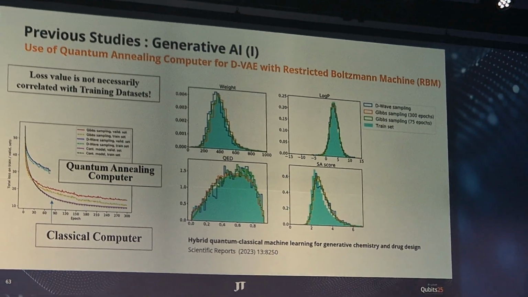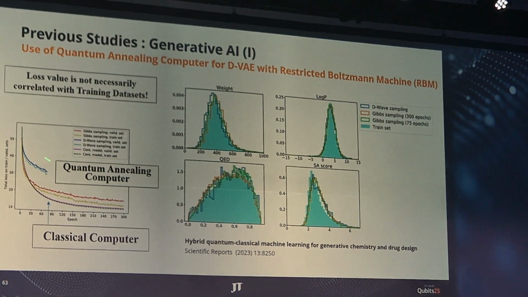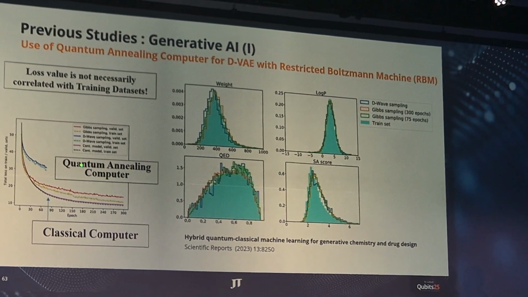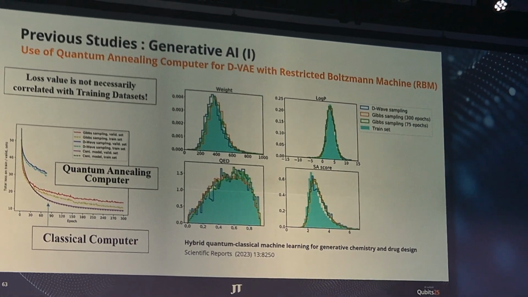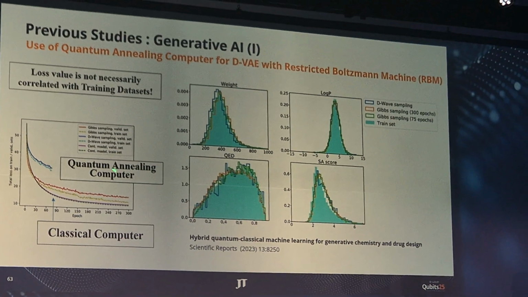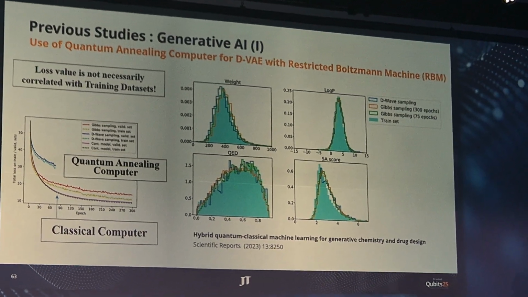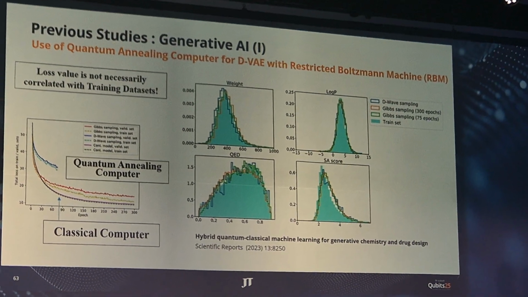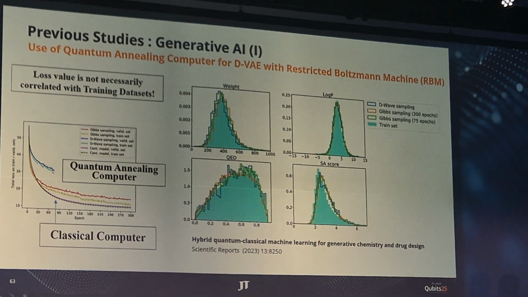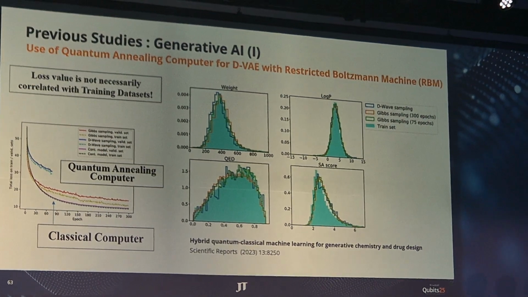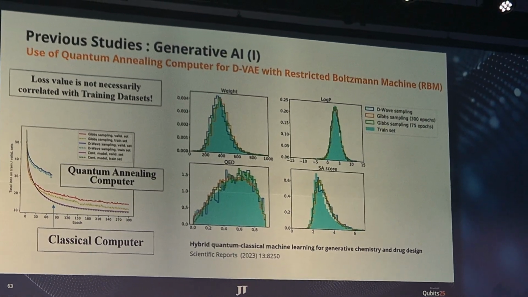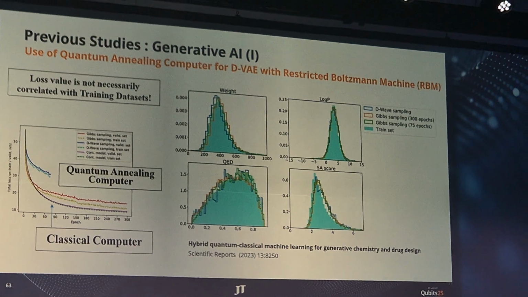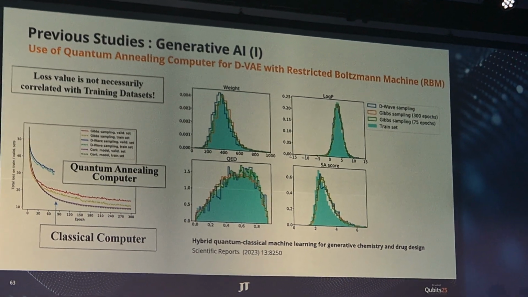Please remember, quantum annealing computer, when they use the quantum computation, the error was not converged. Nevertheless, the generated data were almost the same as the other data set, in particular training data set. Okay? I felt that this is the power of quantum annealing computation.